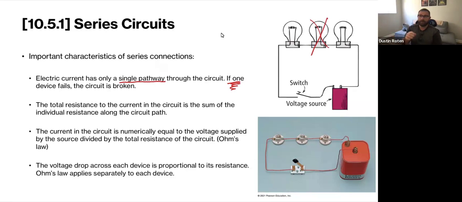That's the bad thing about series circuits. If one component breaks, the whole circuit stops. You can imagine the old Christmas lights. Back in the day, it was just a string of lights you put on your tree, and if one bulb burned out, you had to go through and check each one to see which one burned out.